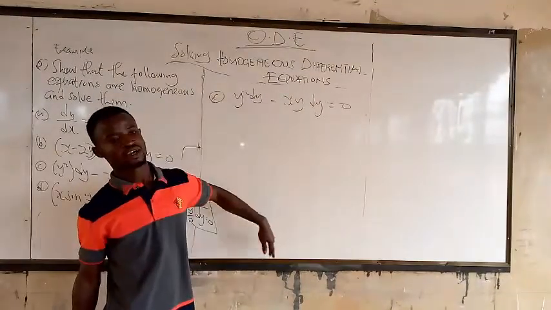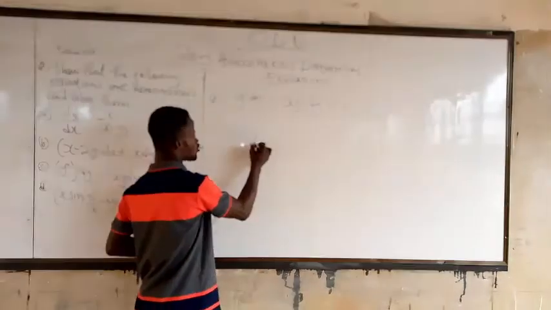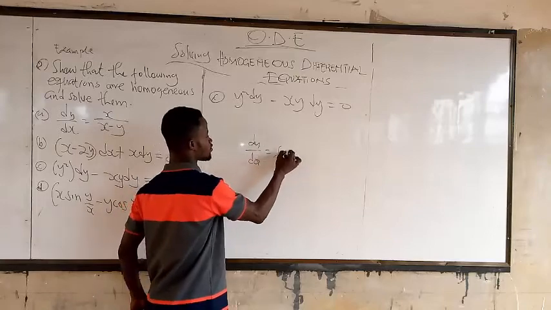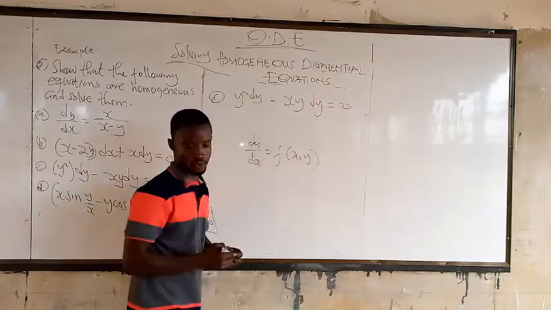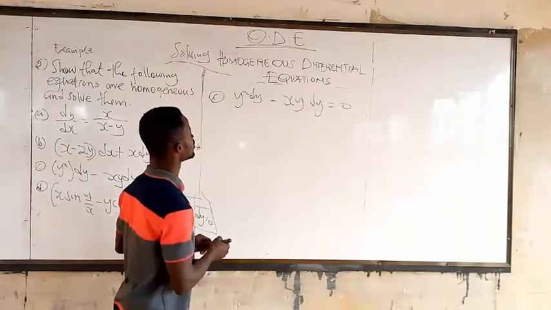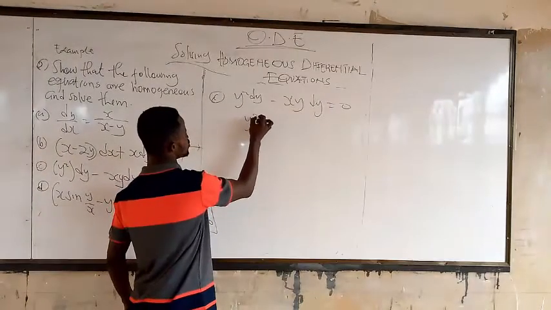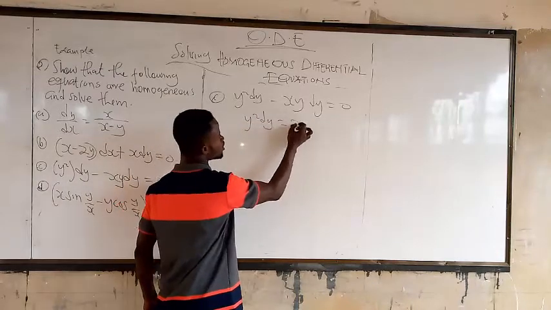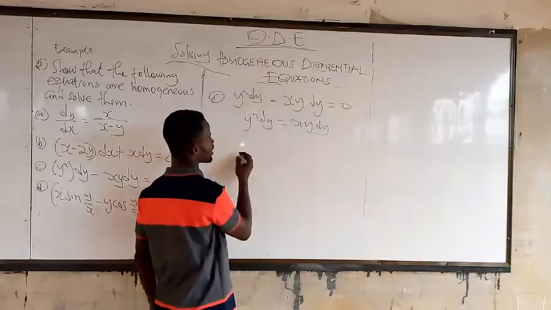So here we know that it is always in the form dy/dx is equal to a function of x and y. So we make dy/dx stand alone. Here we can write y squared dx is equal to xy dy.